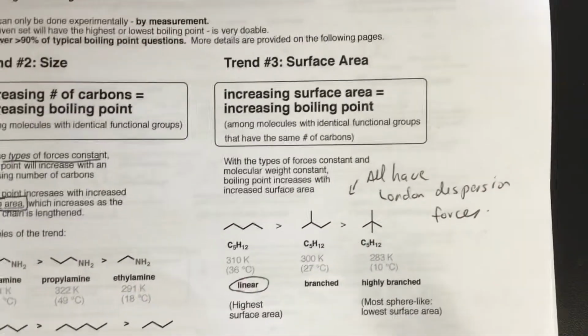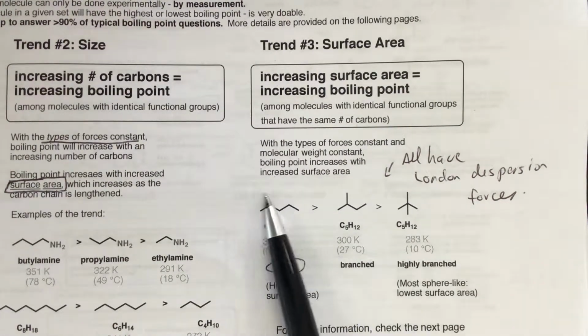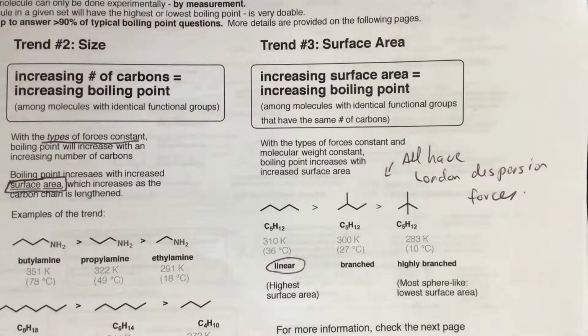The third trend, so we've got intermolecular forces, which play a big role. We've got size of the molecule, and then we've got surface area. So linear molecules, these long chains, have the highest boiling point. Why? Because they have the most surface area. I think that just makes it easier for these intermolecular London dispersion forces to operate.